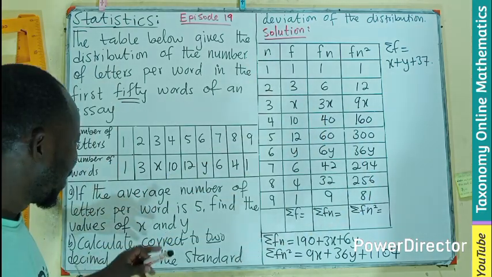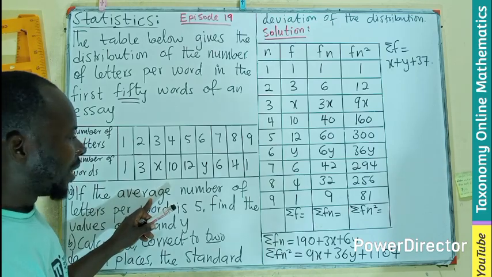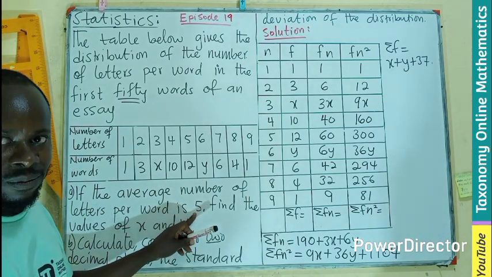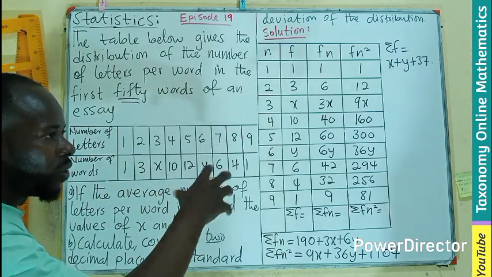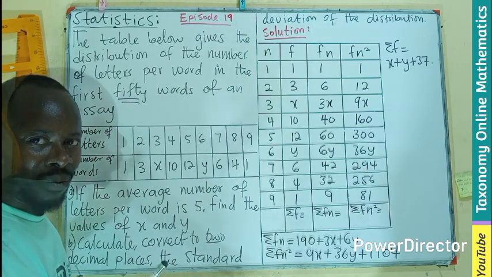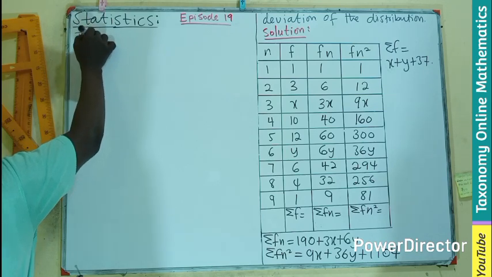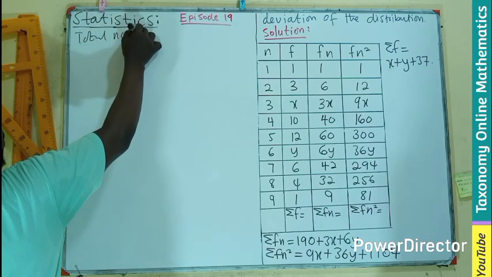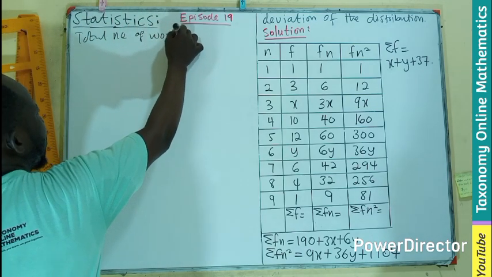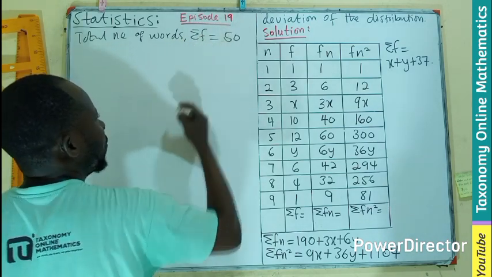The second will be sigma fx over sigma f, which is going to be the same as 5. So let's get those two equations and see how we can solve them and find the values of x and y. Here we can begin with the total number of words, which in this case is sigma f, which is 50.